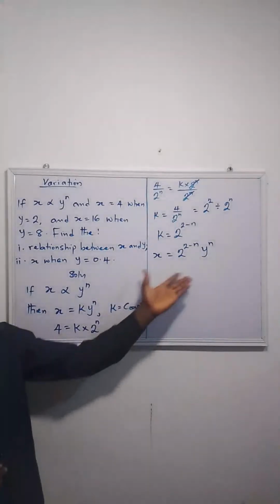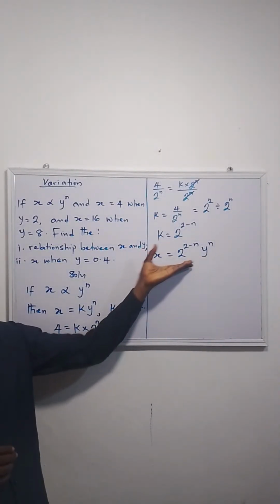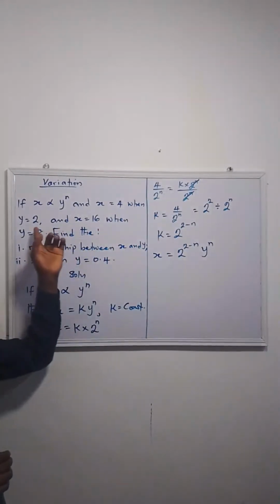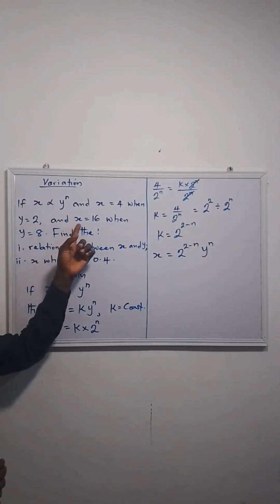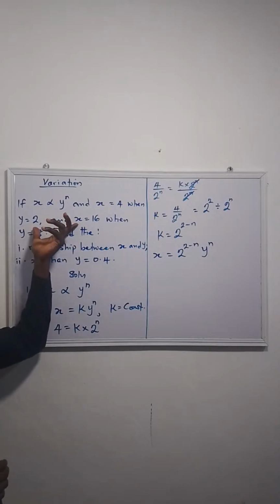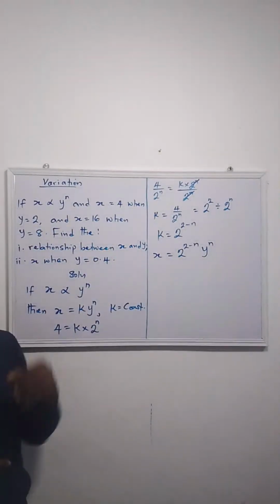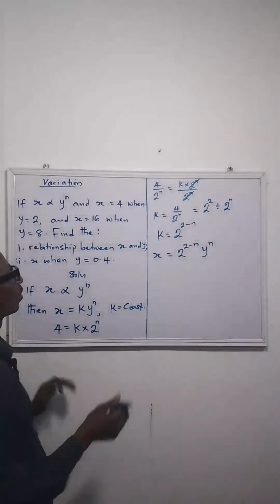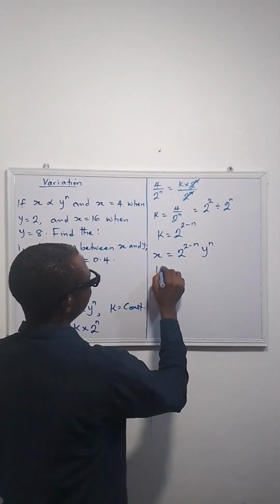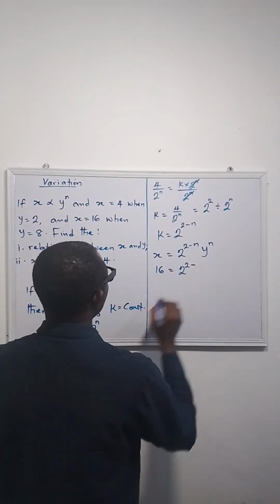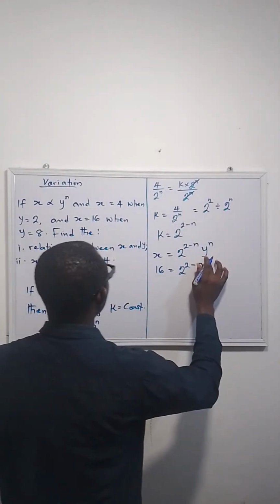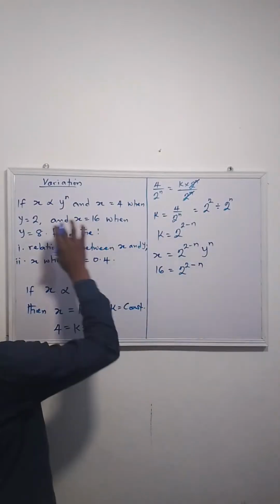Now we still have n in the equation, so we have to look at what we are given here again. You can see y is 2, x is 16. So we plug this value into this equation again. X is 16, equals 2 raised to the power of 2 minus n.